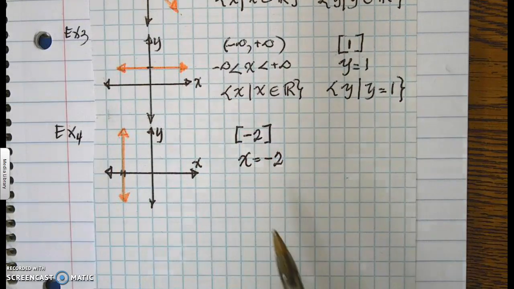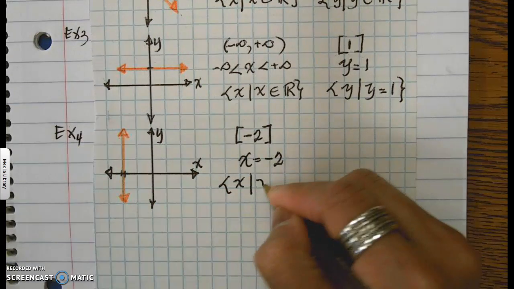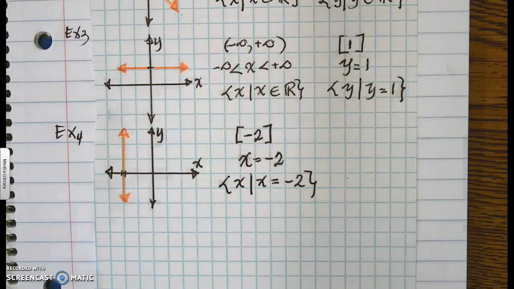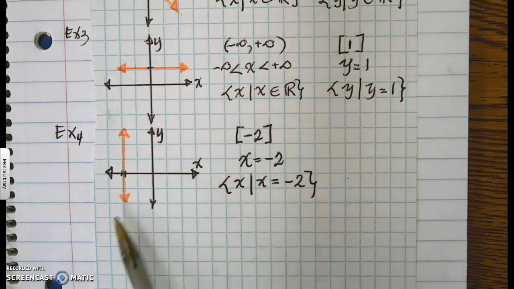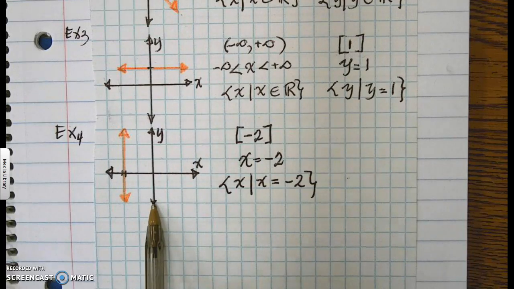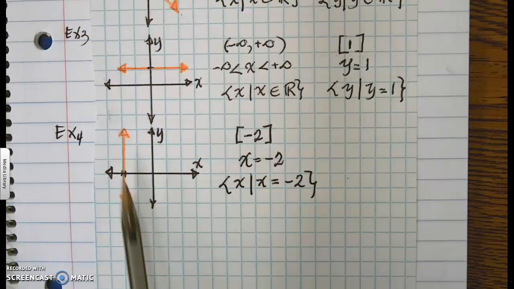And then for your set builder, you're going to say that it's the set of all x's such that x is equal to -2. All right. Now let us go to the range. The range are all the y values, and this line is, if I mark the bottom, it looks to me like the lowest point on the y is a -2, and the highest point on the y is a +3. Those could be your range. However, if I look at the endpoints, they are arrows.